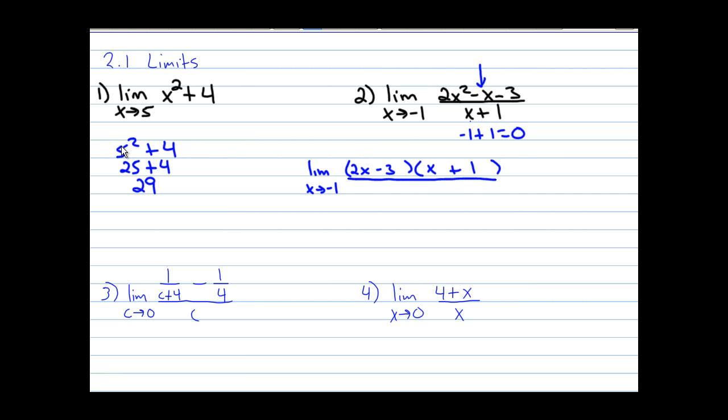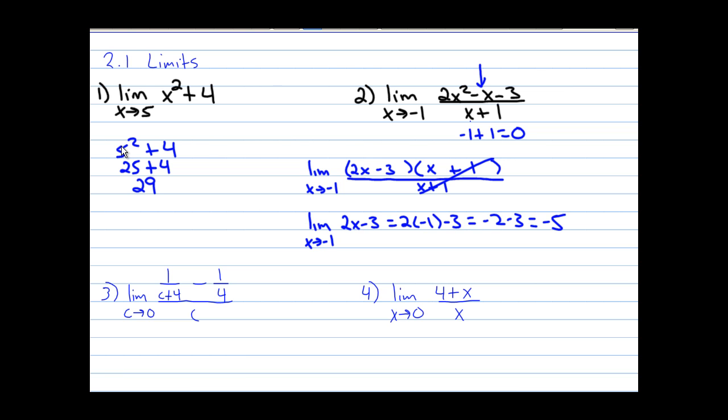Now that's over x plus 1. Now that we have x plus 1 on the top and x plus 1 on the bottom, we can cancel those out. And now we just have the limit as x approaches negative 1 of just simply 2x minus 3, which is 2 times negative 1 minus 3, which is negative 2 minus 3, and finally negative 5.